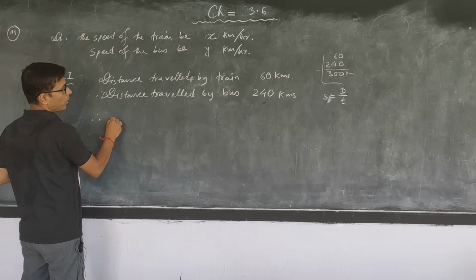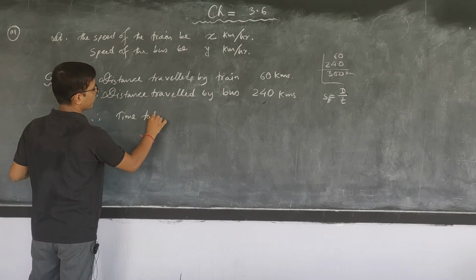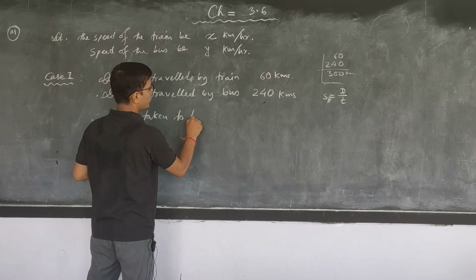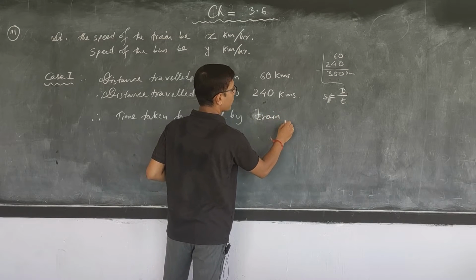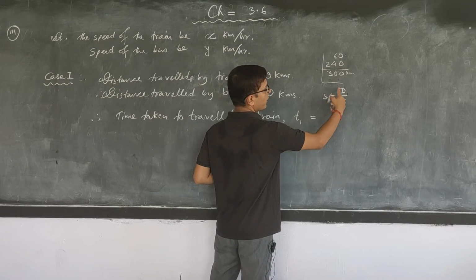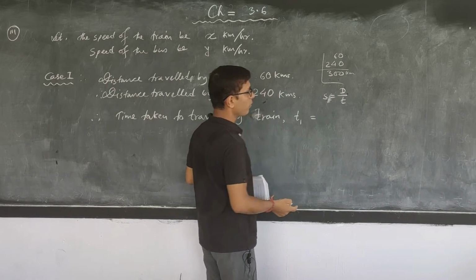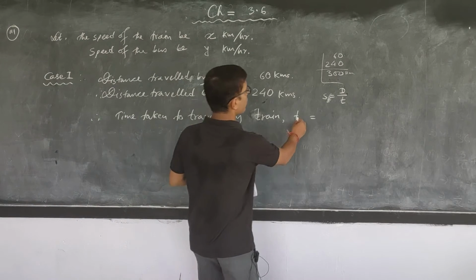Time taken to travel by train, T1, will be distance by speed.